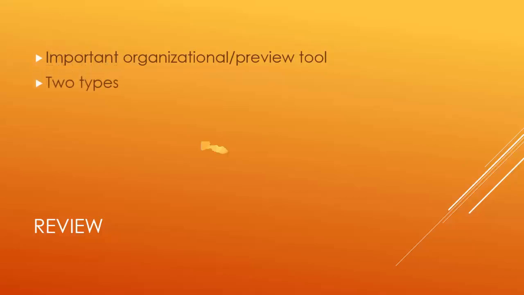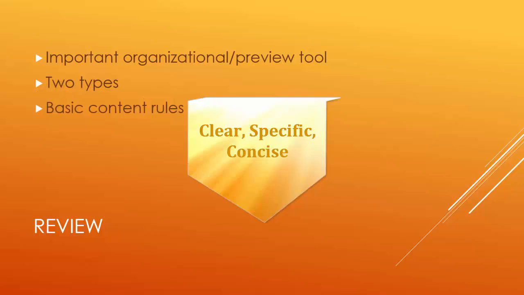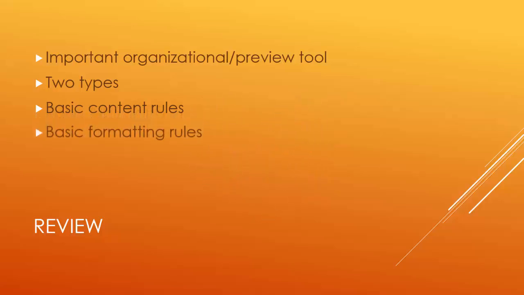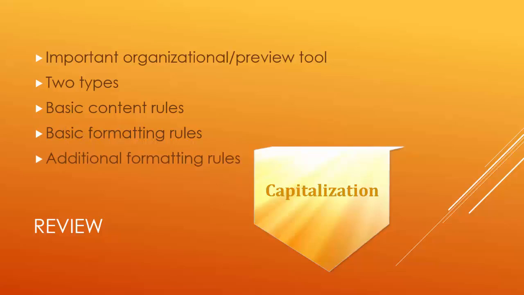Headings come in 2 types, descriptive and functional, and they follow basic content rules such as needing to be clear, specific, and concise, as well as grammatically parallel, and all headings must be followed by text. As for formatting, headings must be visually distinct and visually consistent. Also, headings can use title or sentence case capitalization. All headings come in a minimum of 2 per section, and finally, headings follow the rules of block layout, which may include temporary indented left-hand margins for subsections.